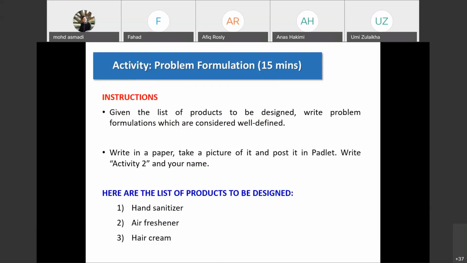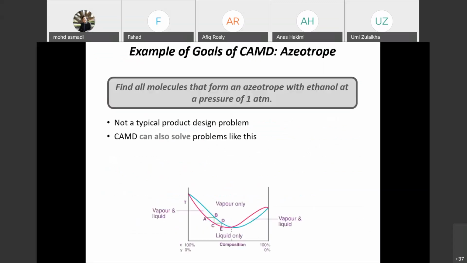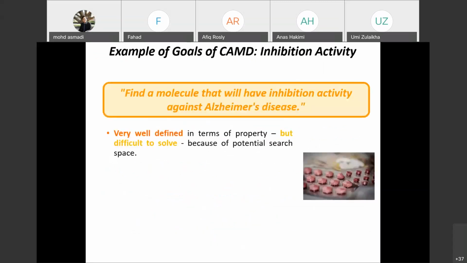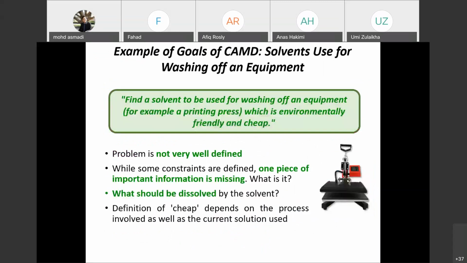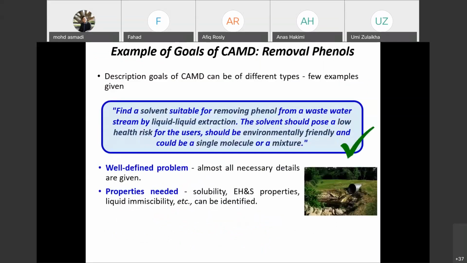The list of product designs is hand sanitizer, air freshener, as well as hair creams. Can you formulate the problems which are considered well defined? So these are the examples of the problems. And this is a good example of the problem formulation.